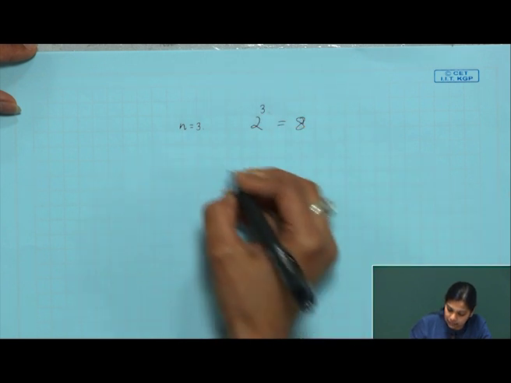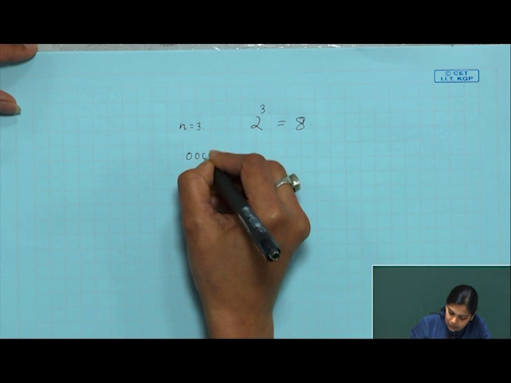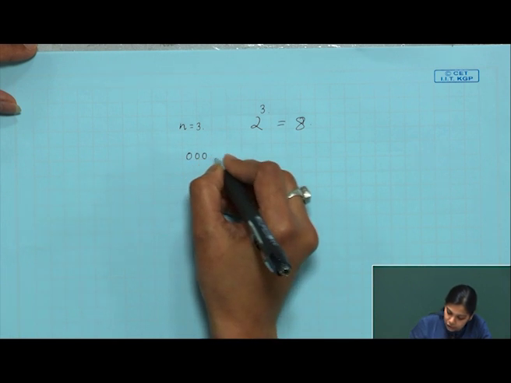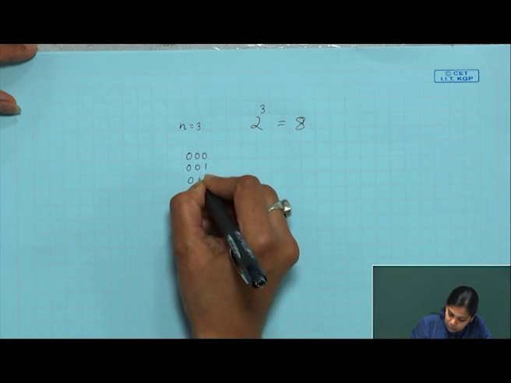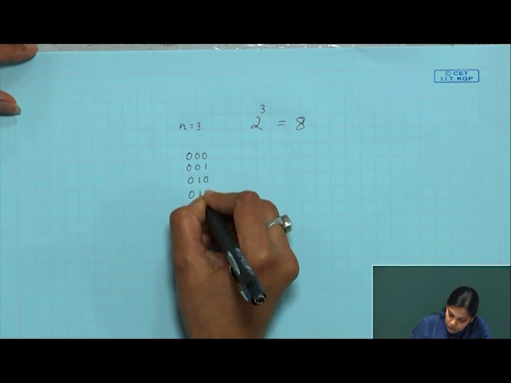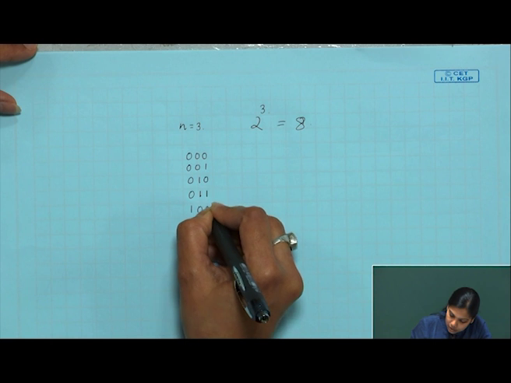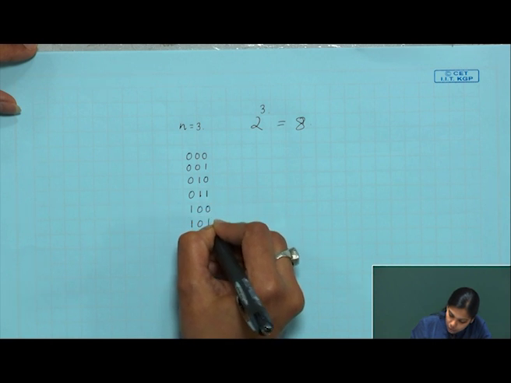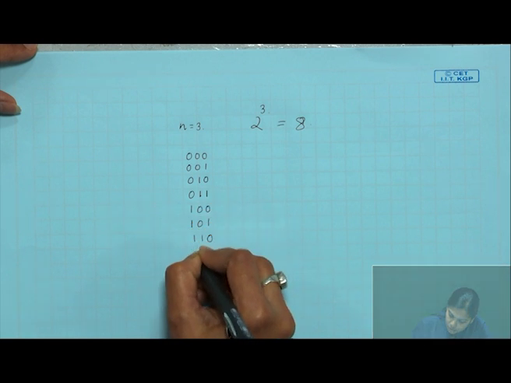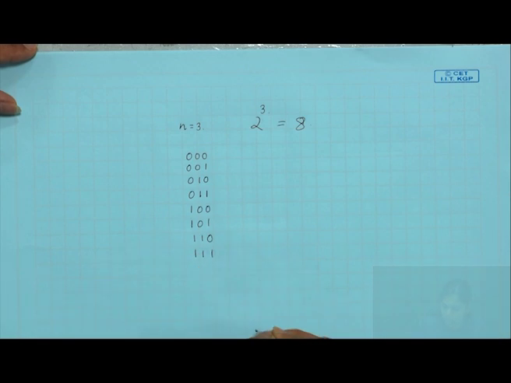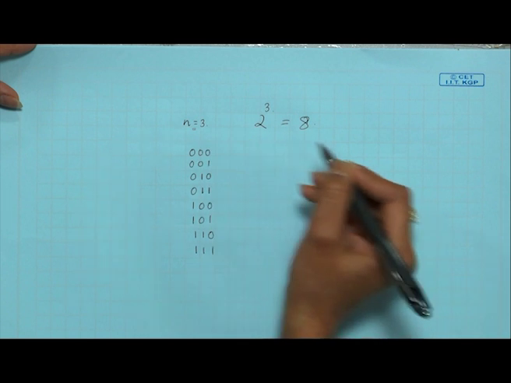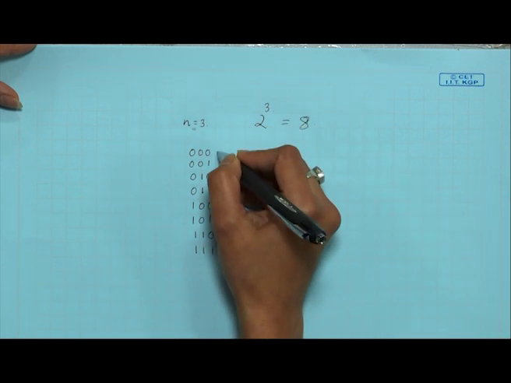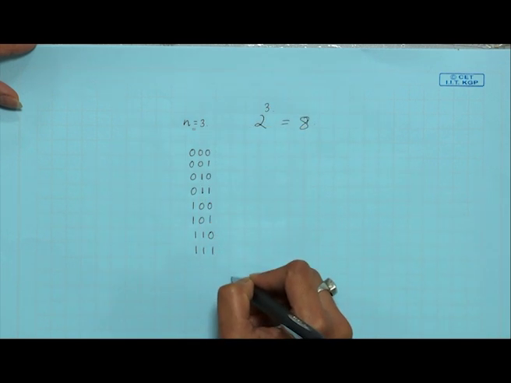The first location will be 000, the next will be 001, then 010, 011, 100, 101, 110 and 111. So, with n bits we can have 2 to the power n locations that can be accessed.